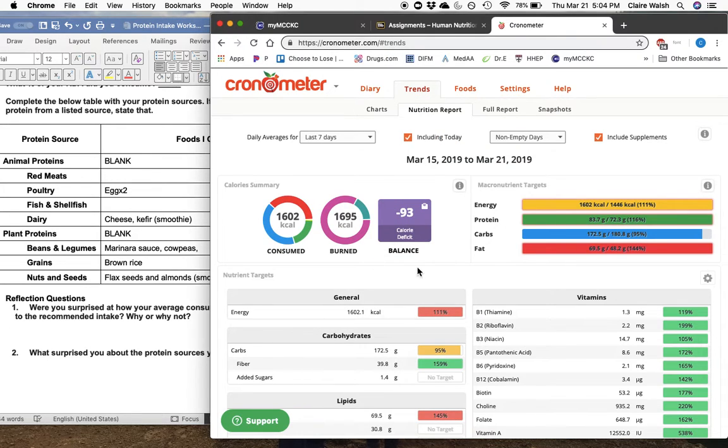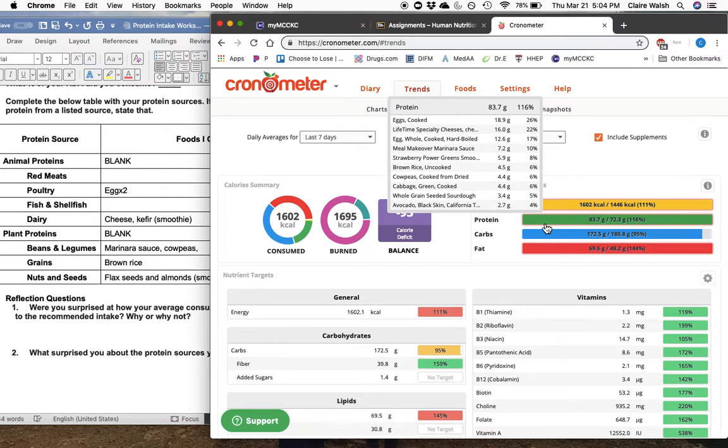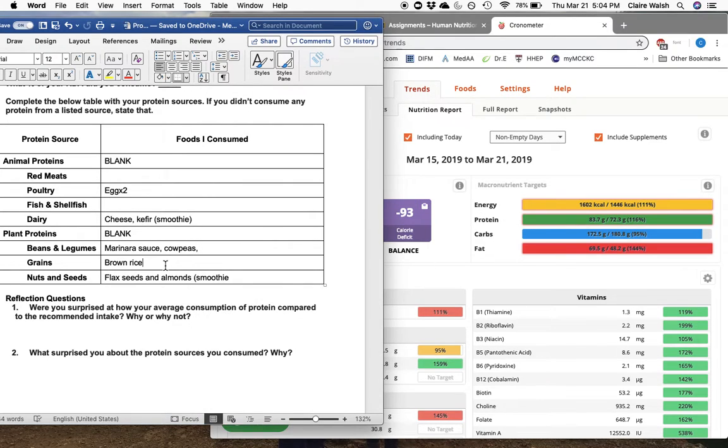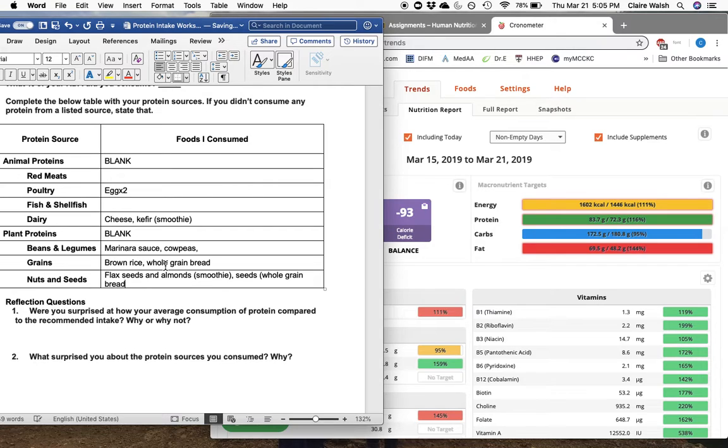Cabbage is a vegetable, so you don't have to put that. I must have entered a lot of cabbage here. The whole grain seeded sourdough: you're going to get some protein from the grains and from the seeds in that. So you can put whole grain bread, and seeds from whole grain bread.